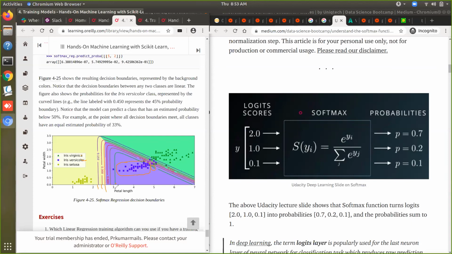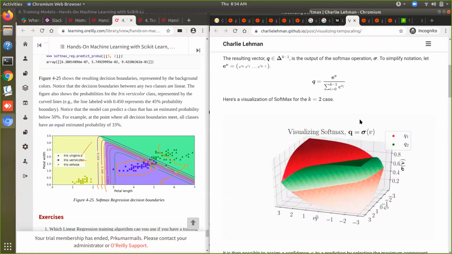If the petal length is greater than 3 and the probability values are lesser than 0.9, then it is most likely Iris virginica. So we have to find the decision boundaries which optimize the model and have less penalty. And this is one such visualization for k equal to 2.